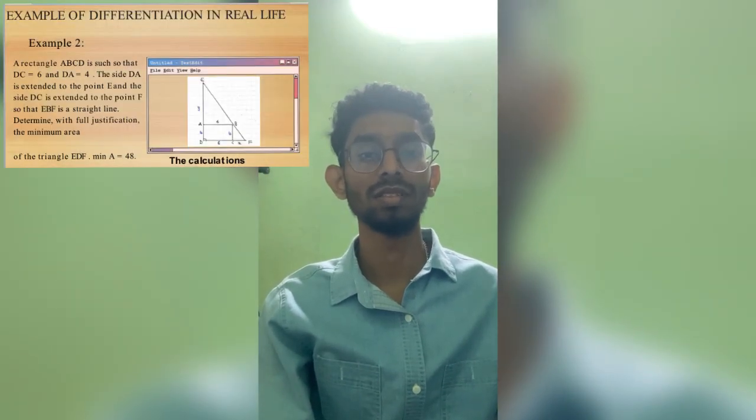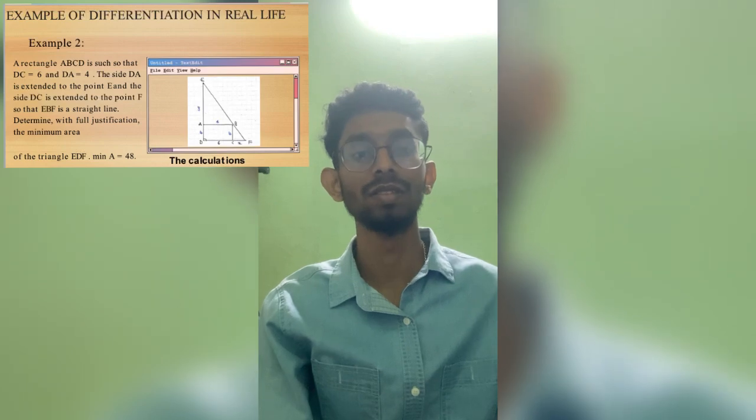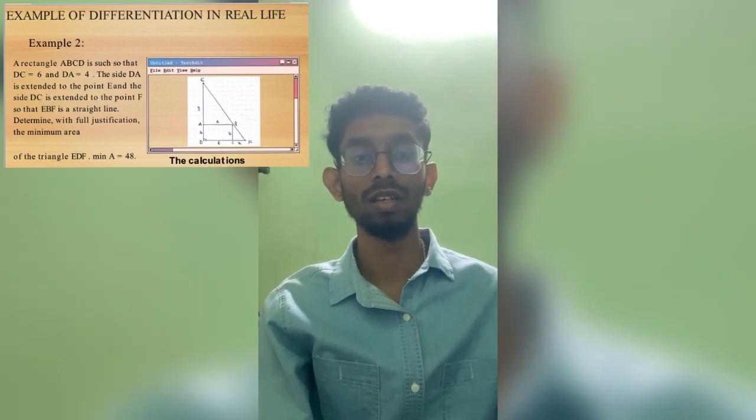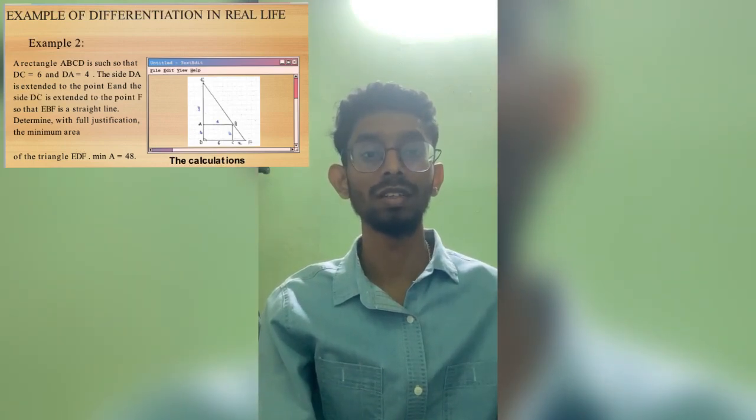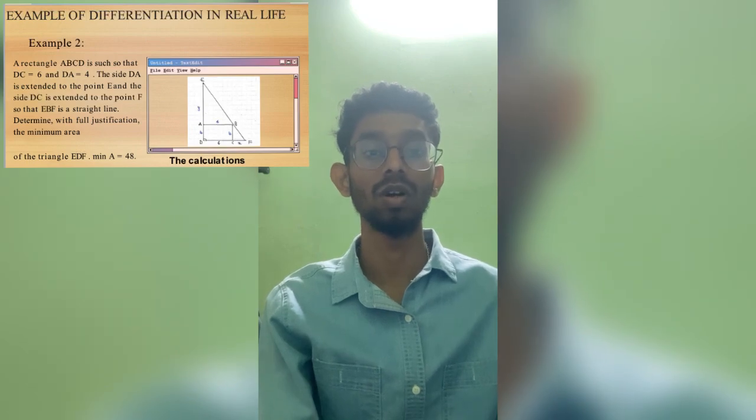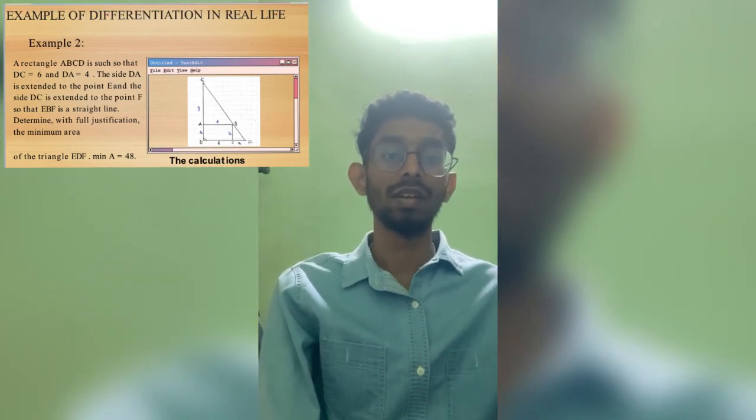Lastly, I have example question 2: a rectangle ABCD such that DC equals 6. Side DA is extended to a point E and side DC is extended to a point F, so that EF is a straight line.